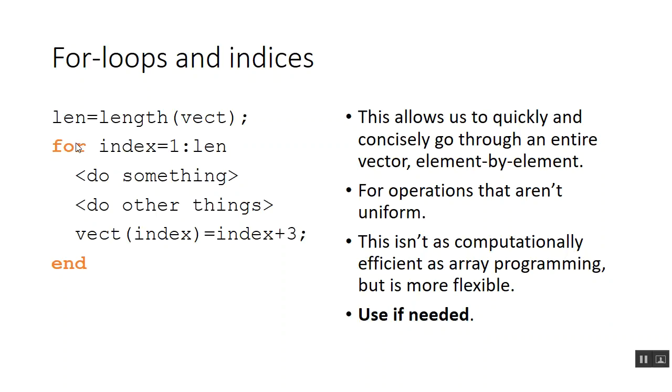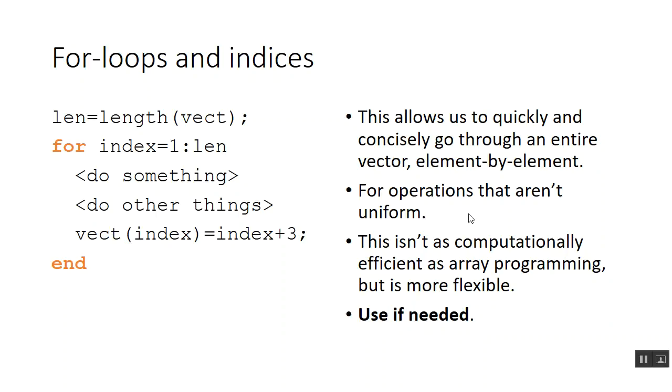What this is going to do is loop through this section of code inside the for and the end len times. So let's just say the length of vect was 8. It's going to loop through this 8 times for index equals 1, for index equals 2, for index equals 3, and so on. And it can do whatever it wants to on the inside.